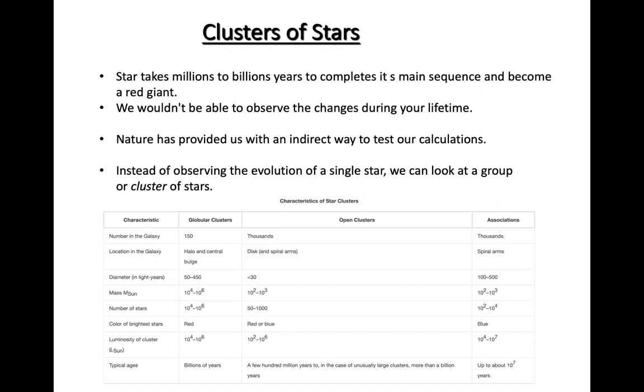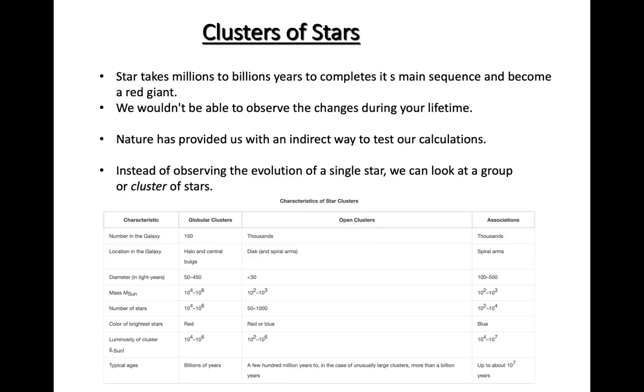Even high mass stars spend millions of years in one particular phase, right? So if you try to look at one particular star and study what happens to it in its evolutionary process, you will not be able to, because you will die before the star. The star has very long lifetimes compared to us.